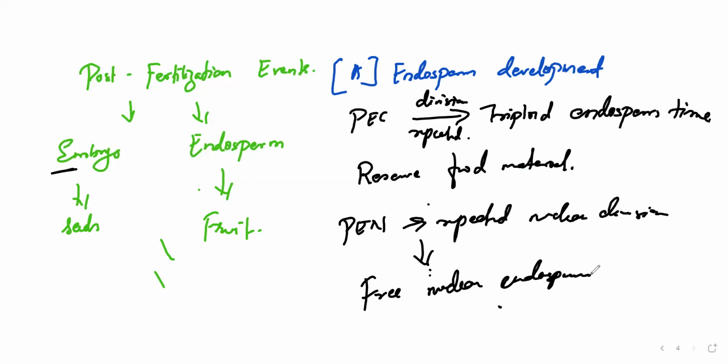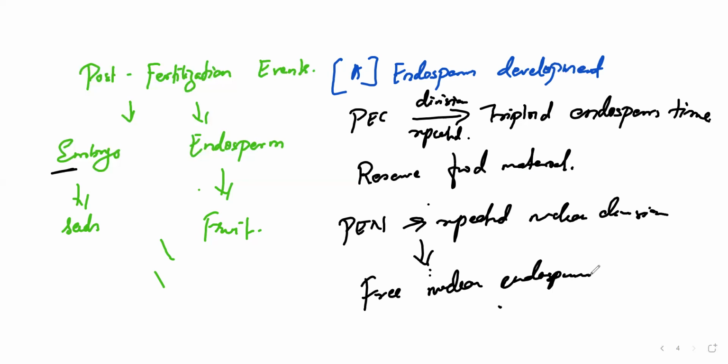An example of free nuclear endosperm is the tender coconut water which you drink. Inside, water will be there, and surrounding that, the white kernel is your free nuclear endosperm, right? So this is how an endosperm is formed. Fine.